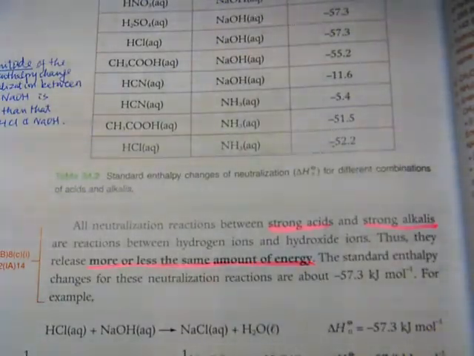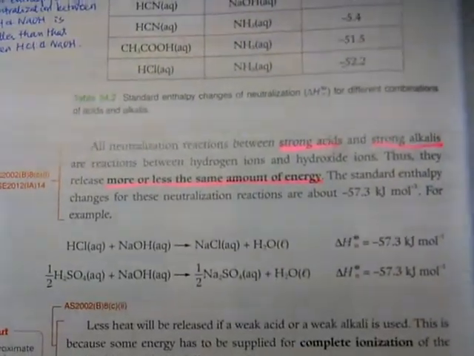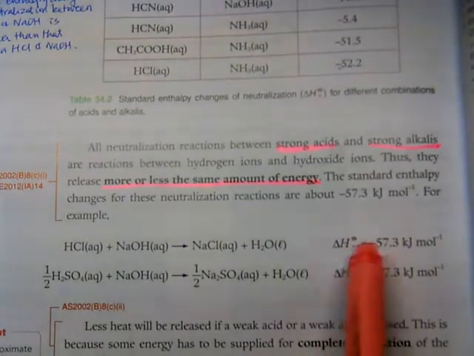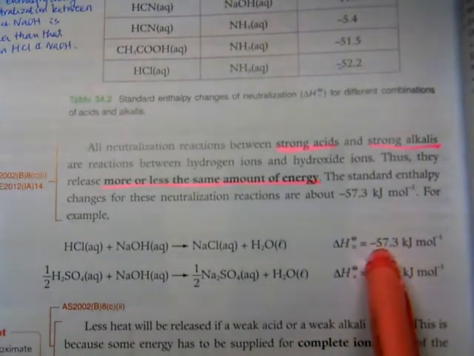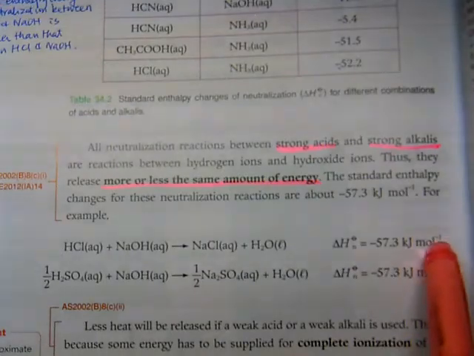Okay? That means if we have a strong acid neutralized with a strong base, then you can predict the standard enthalpy change of neutralization. It should be approximately equal to negative 57.3 kilojoule per mole of water formed.